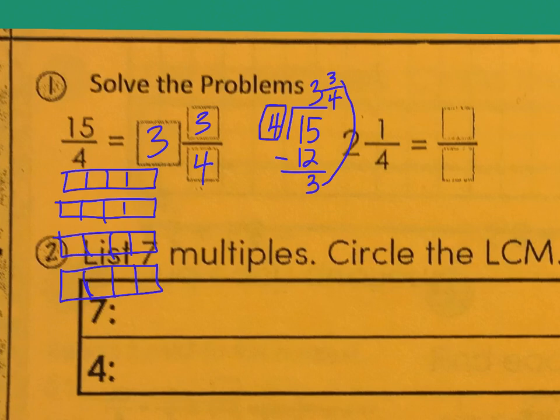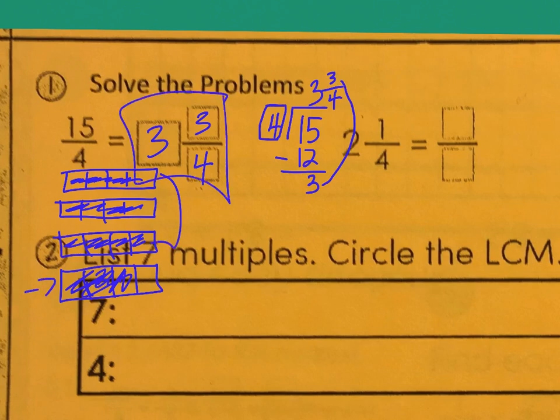Oh, wait, no. So if I have 3, 4, 5, 6, 7, 8, 9, 10, 11, 12, 13, 14, 15. Is that 15? Yeah, that's 15. Well, how much did I fill in? 3 wholes and 3/4. And that's how we got that. So that's another way of looking at that.